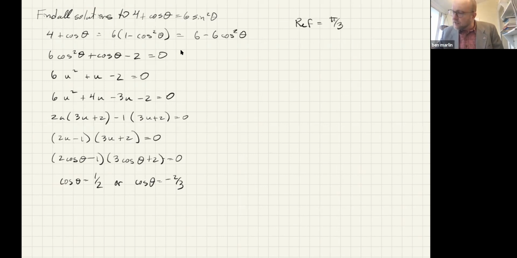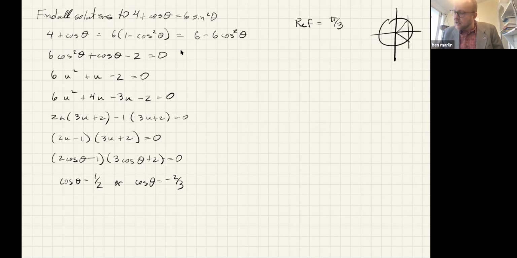So we've got a reference angle of pi over 3, and we know that our angle needs to have a positive cosine. So that means it's going to be an angle somewhere on the right half of the circle. The x coordinates need to be positive, okay?